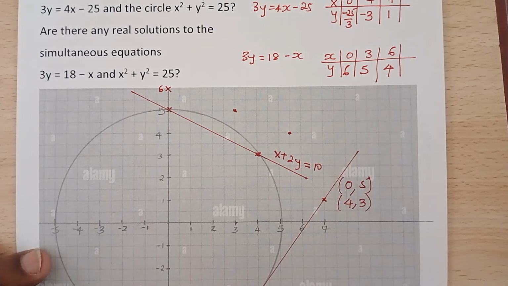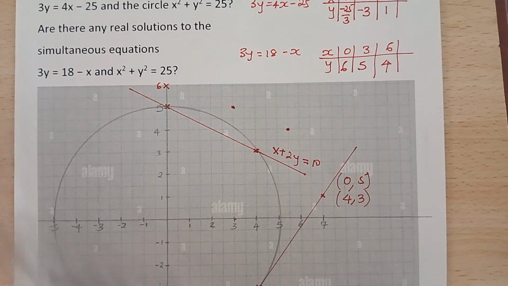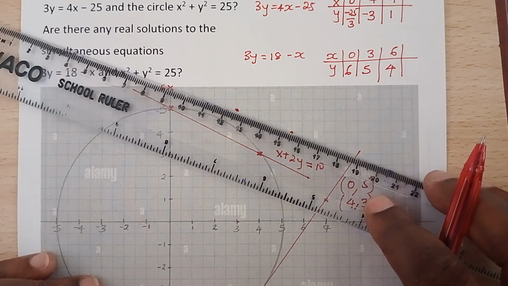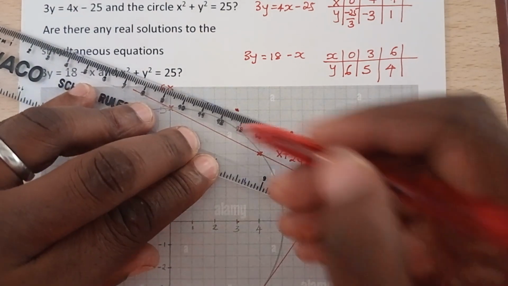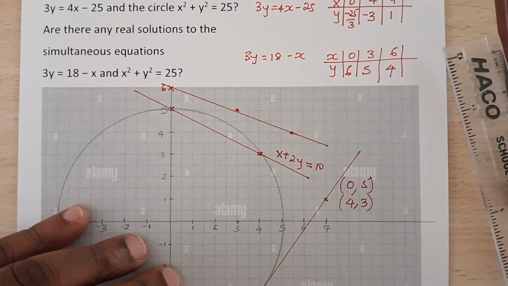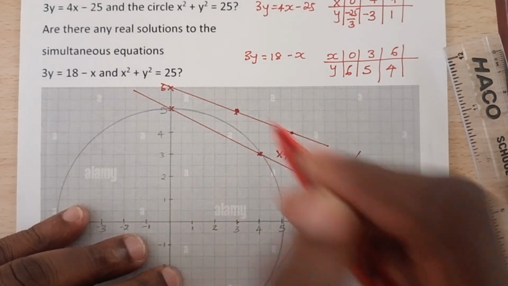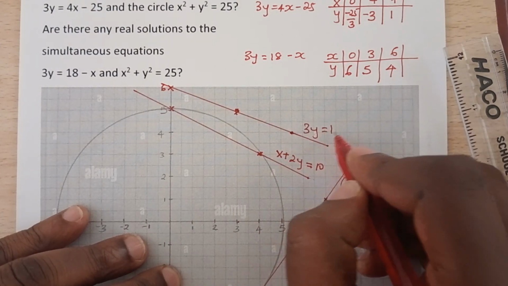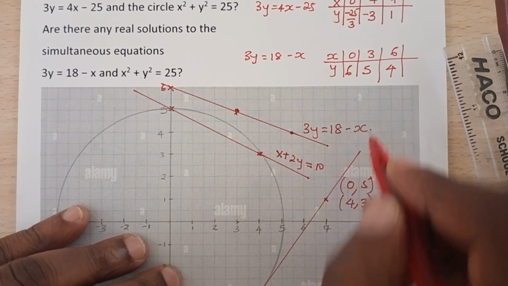There we go. And it goes without saying, now what we need to do is just come up with a very straight line graph, like we can see here. That is it. And what is its name? 3y is equal to 18 minus x.